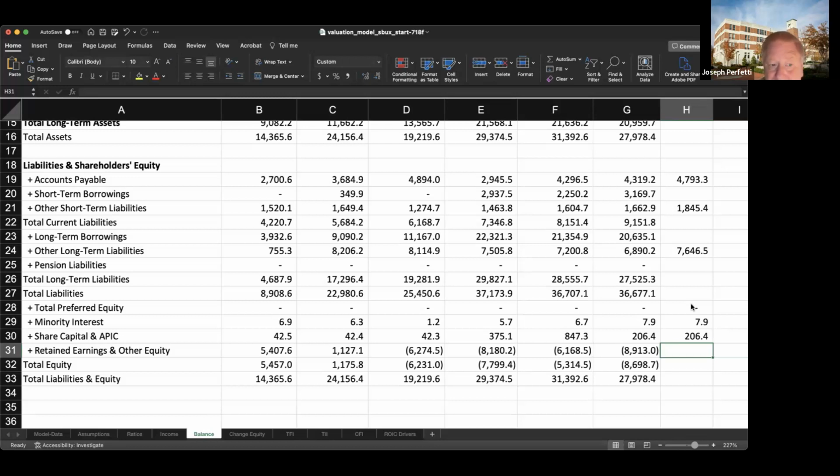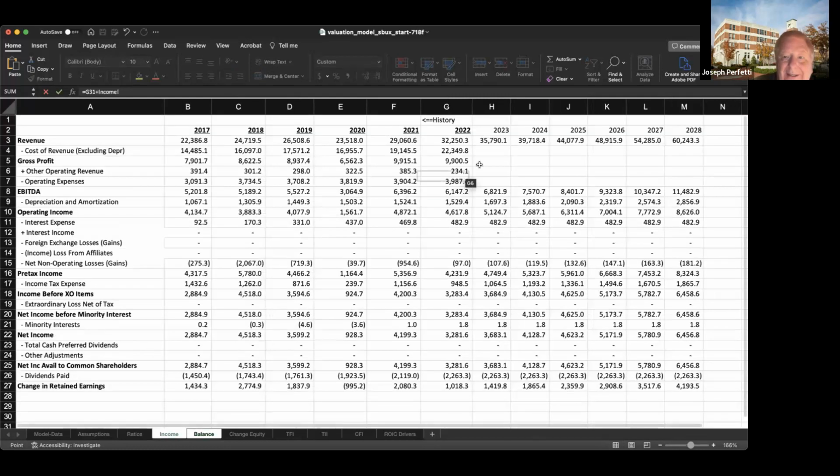The formula for retained earnings in H31 says take last year's retained earnings balance, which is negative, and then add to that the current year change in retained earnings, which is H27 off the income tab.